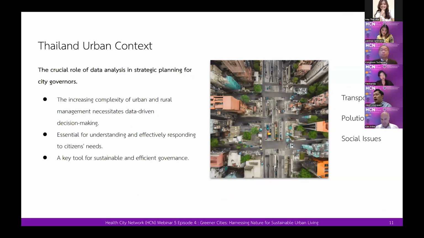as well. And we have seen increasing complexity of urban and rural management, and using data-driven decisions would make policy more precise. We can do this if we have access to the policy makers and also to the community.